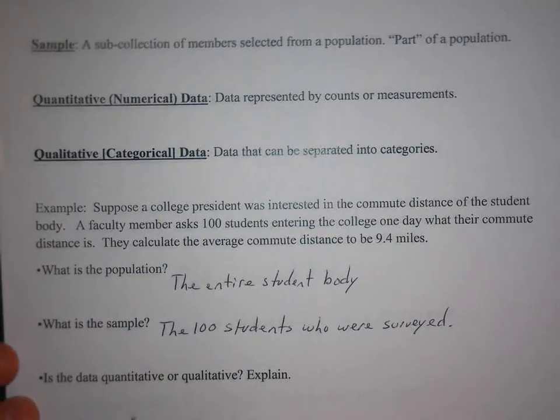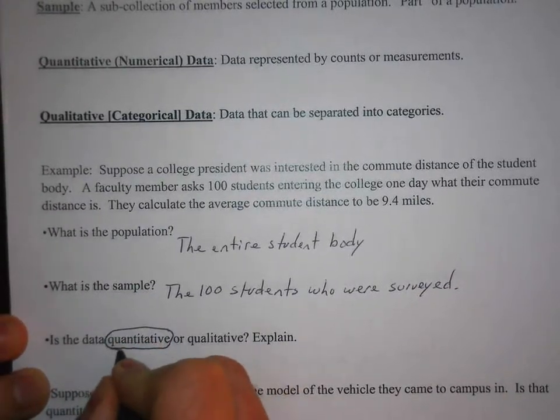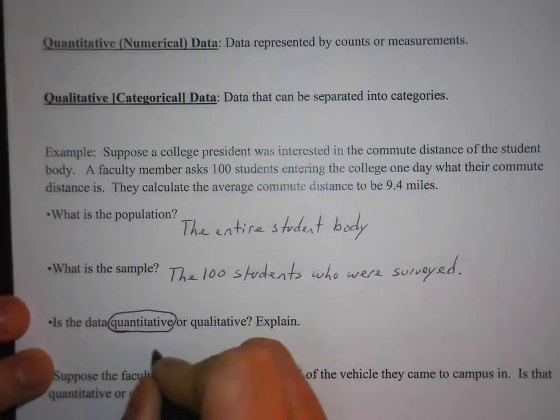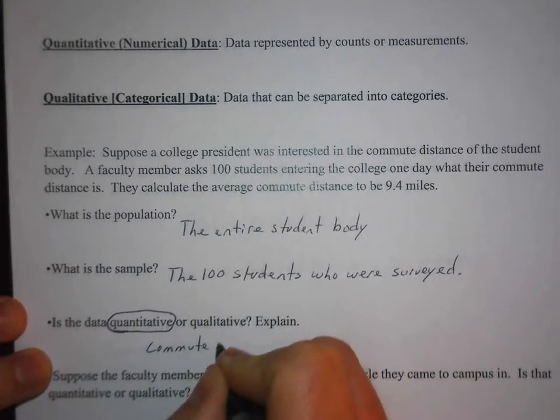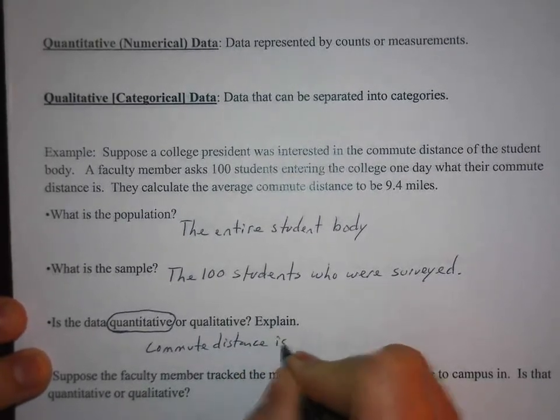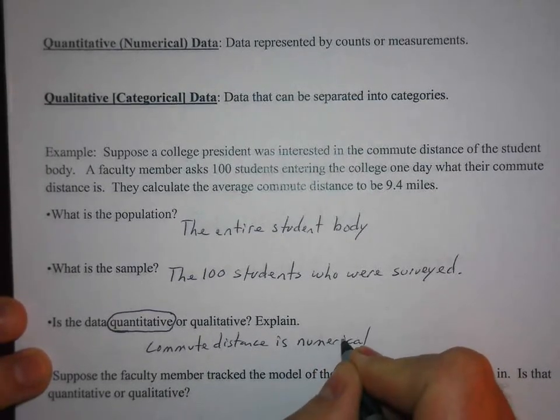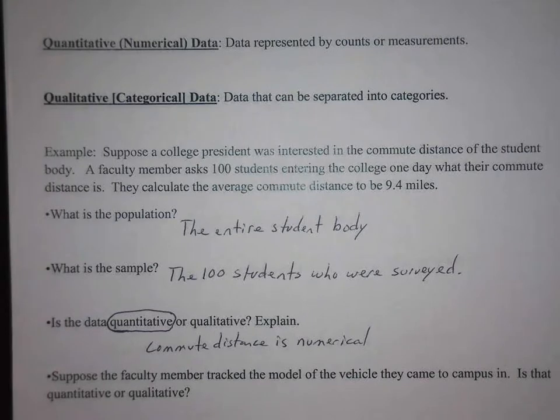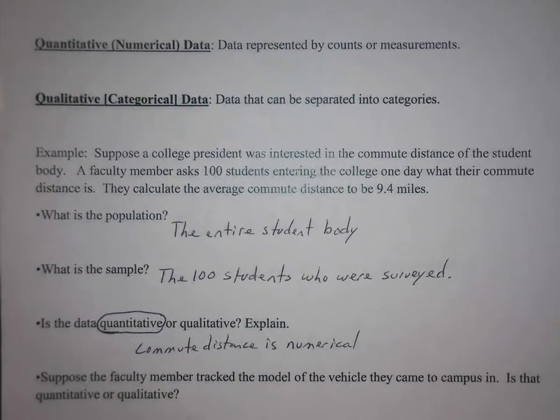So that data would be quantitative. I'm just going to circle it rather than write it all out, because commute distance is numerical. So the data that they are collecting would be numbers, numerical.